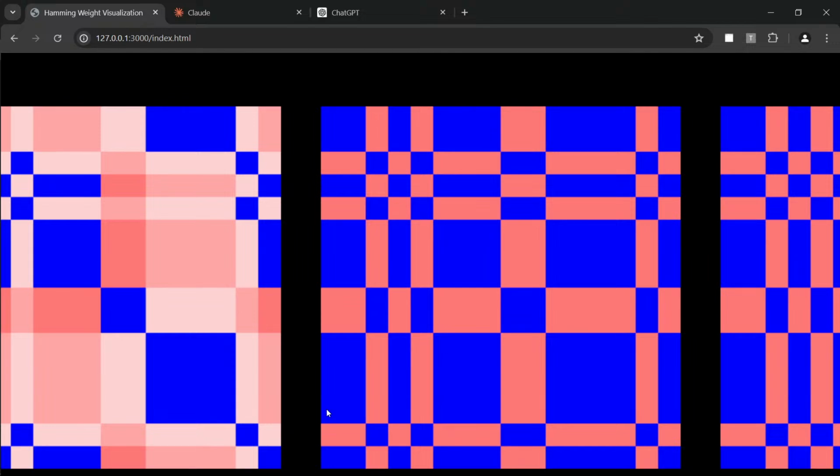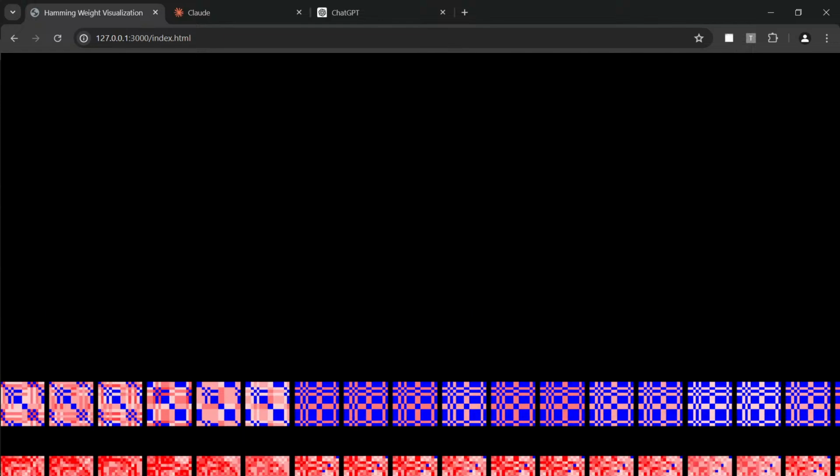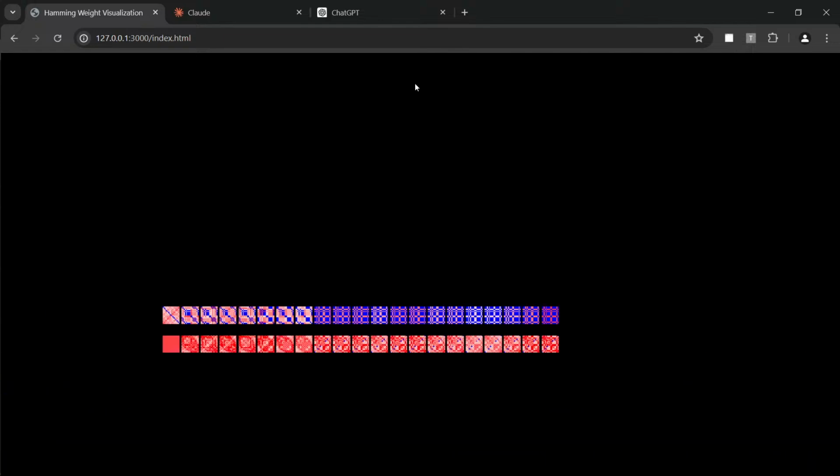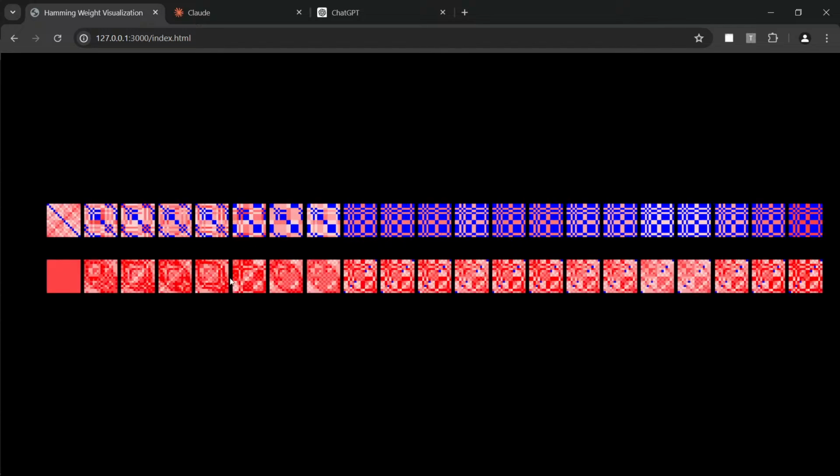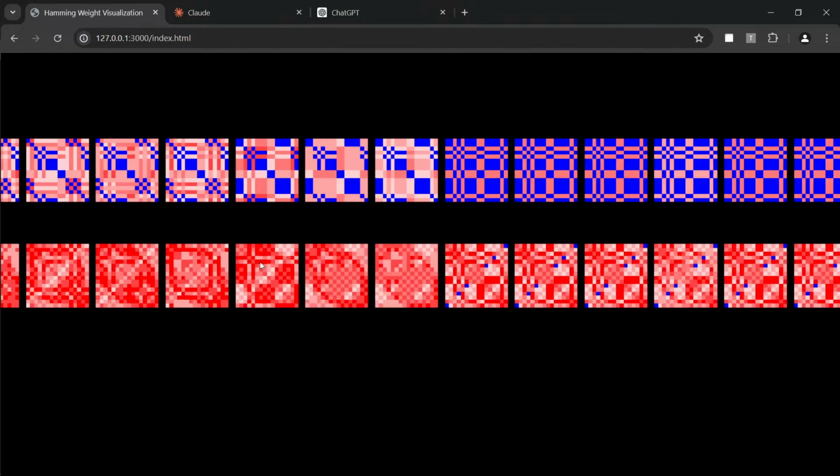So that could be a target function that you're trying to implement. And yeah, I should implement mouse panning, because all I have is scroll.